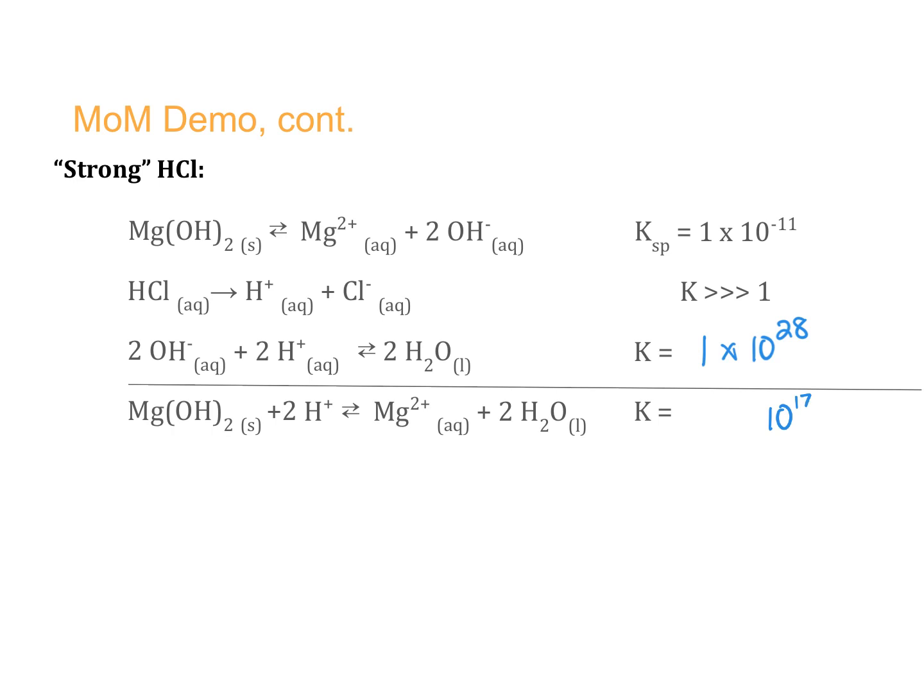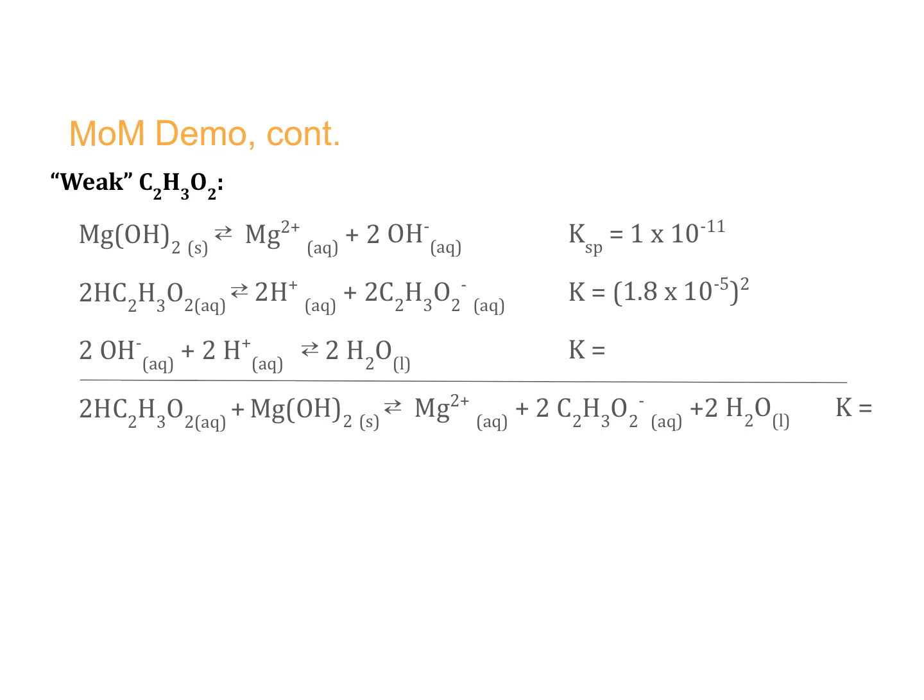But we have 10 to the 17th times some other really, really big number from the K for the hydrochloric acid. So what we say is, because this K is going to be a huge number, some huge number times another huge number, we can really consider this reaction not to be equilibrium with a double arrow, but really to be a one-way reaction that's going to employ stoichiometry. It's because the K is so big that we essentially have all products when the process is complete.